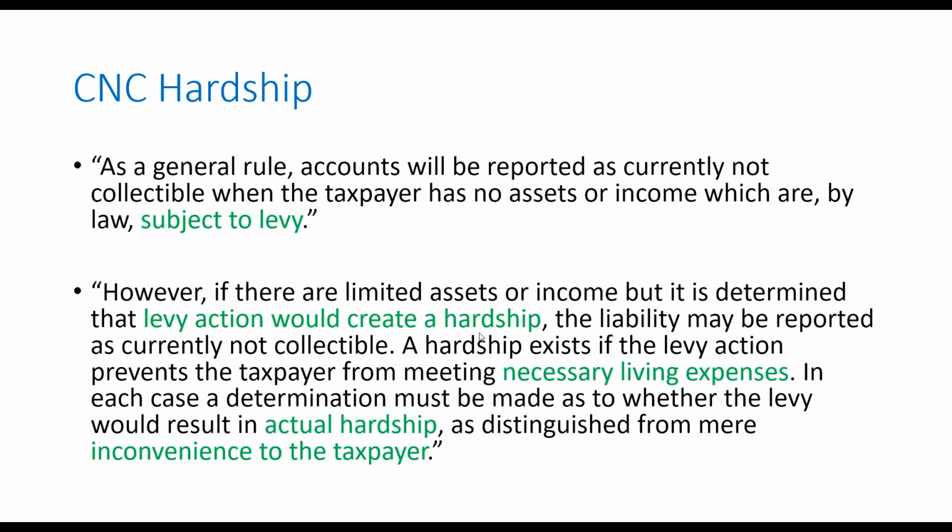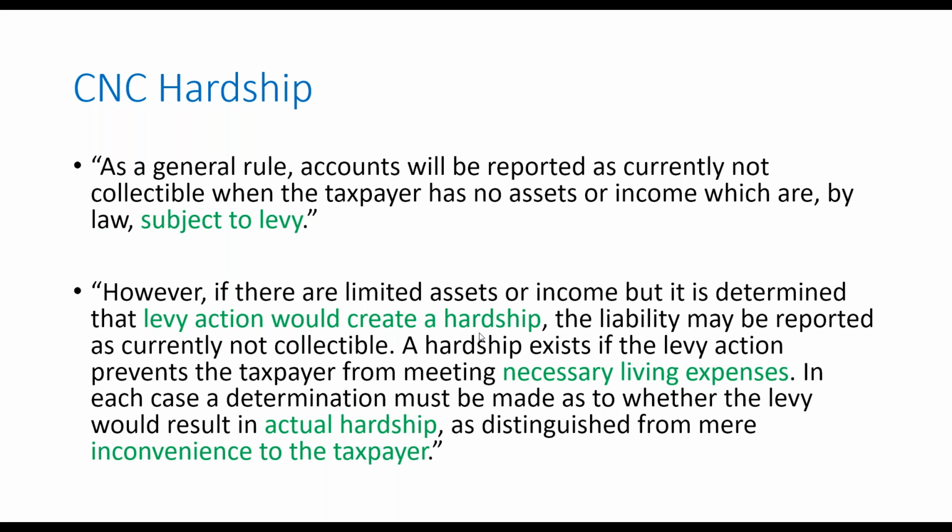However, by policy, if the only thing that a retired taxpayer has to live on is the money in their IRA, what you do is you look at the life expectancy of the client minus their current age, divide that out by the assets in the retirement account, and then you apply the collection financial standards, which form the basic necessary living expenses, and you say, look, you can't levy this asset because the taxpayer is retired and this is all they have to live on for the next 20 years, okay?